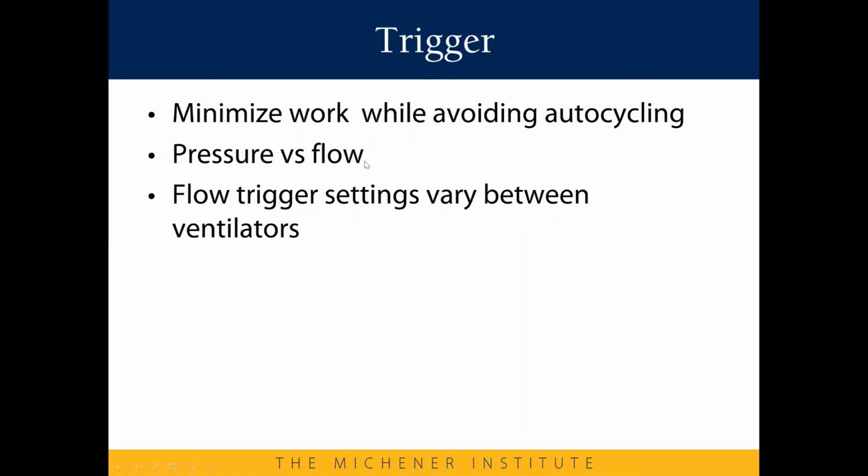In a flow trigger, 2 to 3 liters per minute is a common starting spot, and a pressure trigger of about 2 centimeters of water. Okay. And you do need to be mindful of the trigger settings between ventilators because some are actually in liters per minute and some are arbitrary values. So you have to know what is more or less sensitive on each of your ventilators.